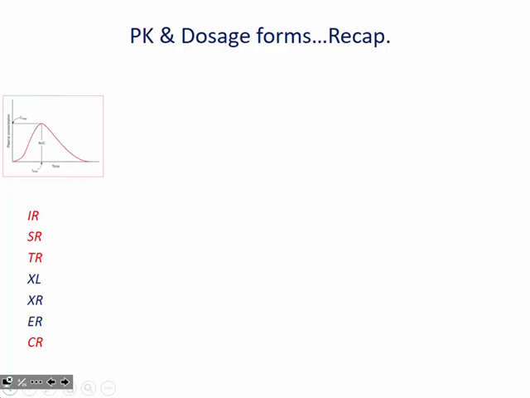So why are these important, right? When you administer a drug, you have a profile like that. Can you really tell where the onset of action of the drug is from this curve? Can you tell or you cannot?